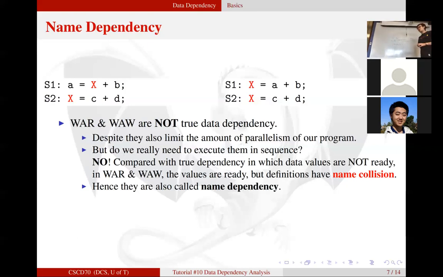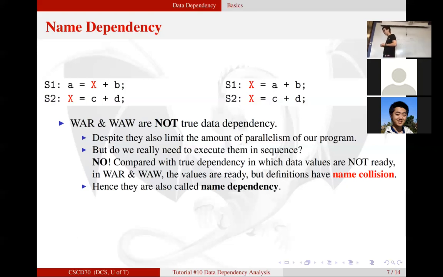In the case of SSA, the idea behind SSA is that each variable is assigned at most once. This is really similar to how we resolve the name dependencies, which include write after read and write after write. So why will we never have those two data dependencies in the LLVM IR? The reason is that in LLVM IR, S1 will have A equals X1 plus B, and S2 will have X2 equals C plus B, because they are reading and writing to different variables.